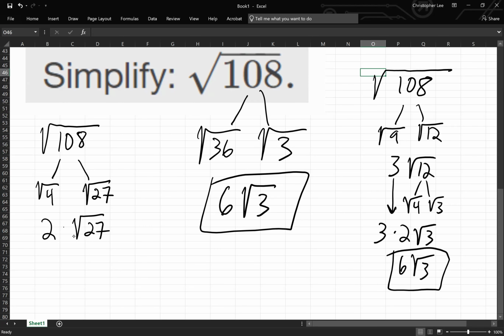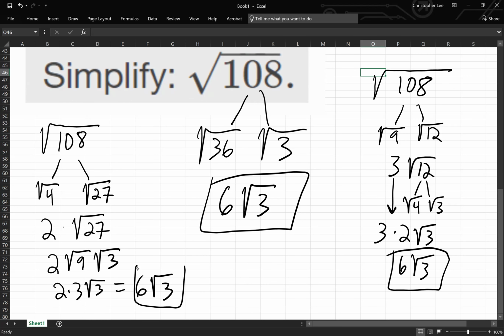What's the largest perfect square that goes into 27? Not three, the other number. It's nine, right? So this would be two square root nine, square root three. Then the square root of nine is three, right? So this is just two times three, square root three, or six square root three.